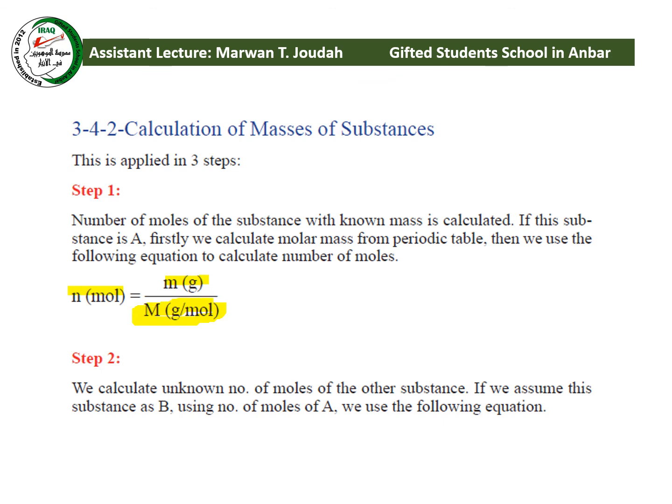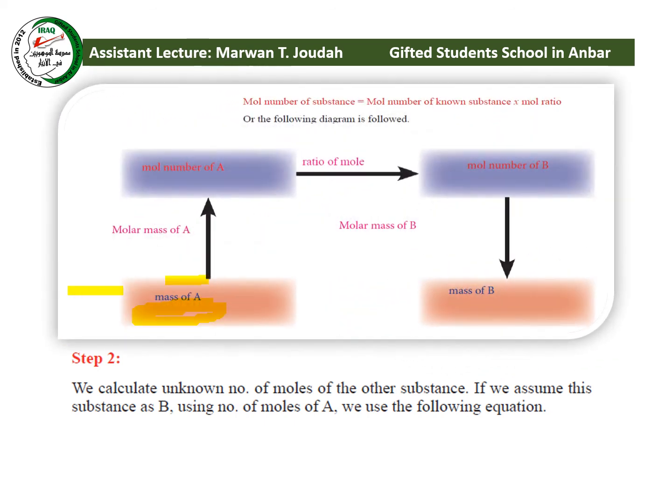This is the law that we are going to use, and I'll show you how to do that. Sometimes it gives you the number of moles of a substance, and you do what we have already done in the previous slides, and then you calculate the mass. We'll see that in a bit.